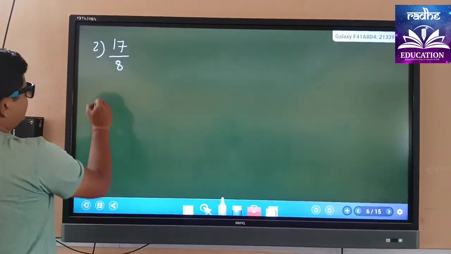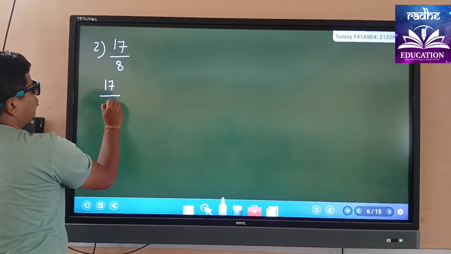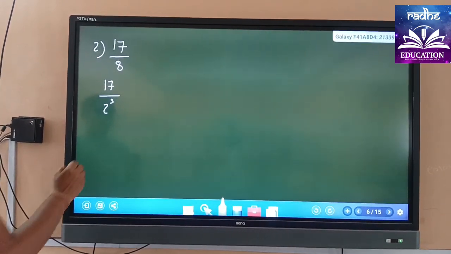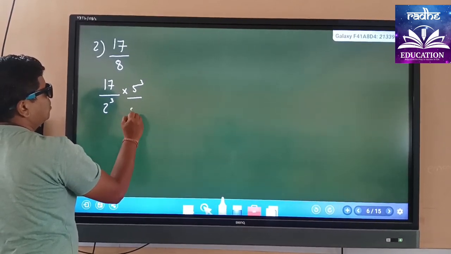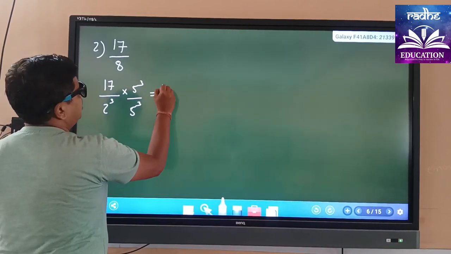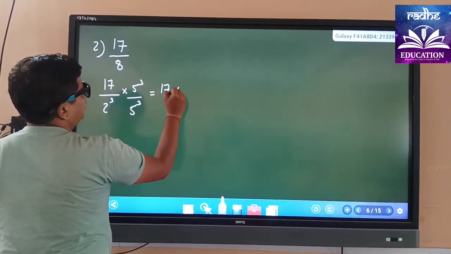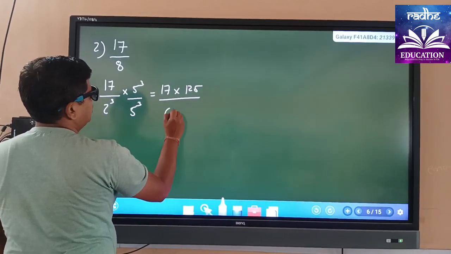We have another, 17 divided by 8. 8 we can write as 2 cube. Here 5 is not there, so we multiply and divide by 5 cube. So this is 17 into 5 cube, which is 125, over 10 cube.